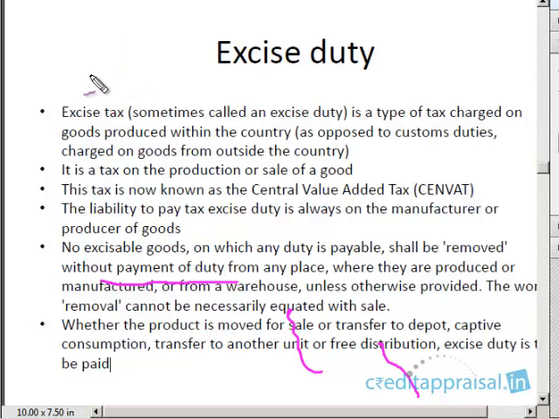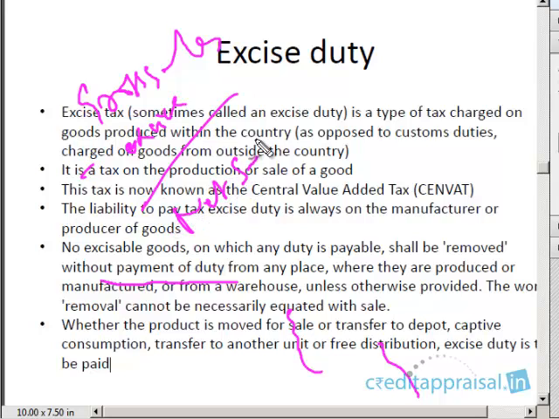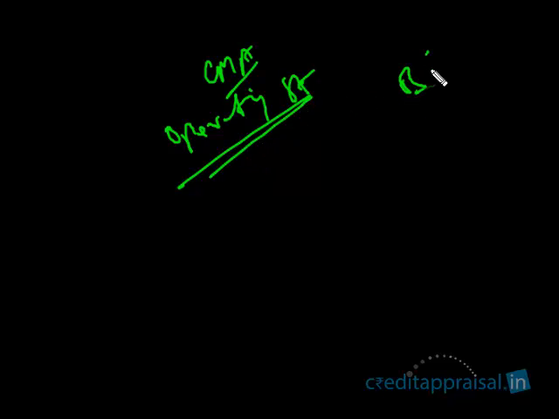So since the company has to pay excise duty, we are interested in the amount that is gross sales less excise duty. So net sales is what we are interested in, because this is the income that is coming to the company. So in the CMA data, under the operating statement, the first item you see is the gross sales.